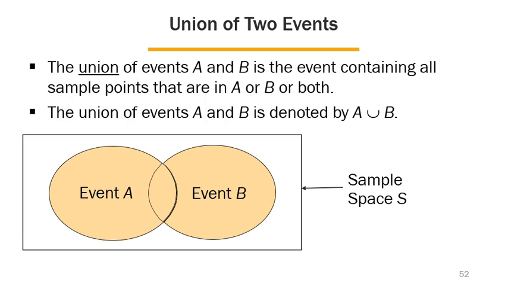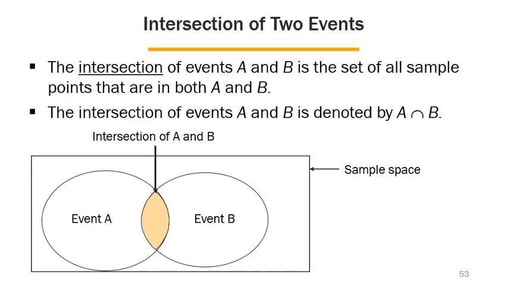So the union of events A and B is denoted with the symbol that we saw on the previous page. The intersection of events A and B is the set of all sample points that are in both A and B. And the intersection of events A and B is denoted with the symbol that we again saw just a minute ago.